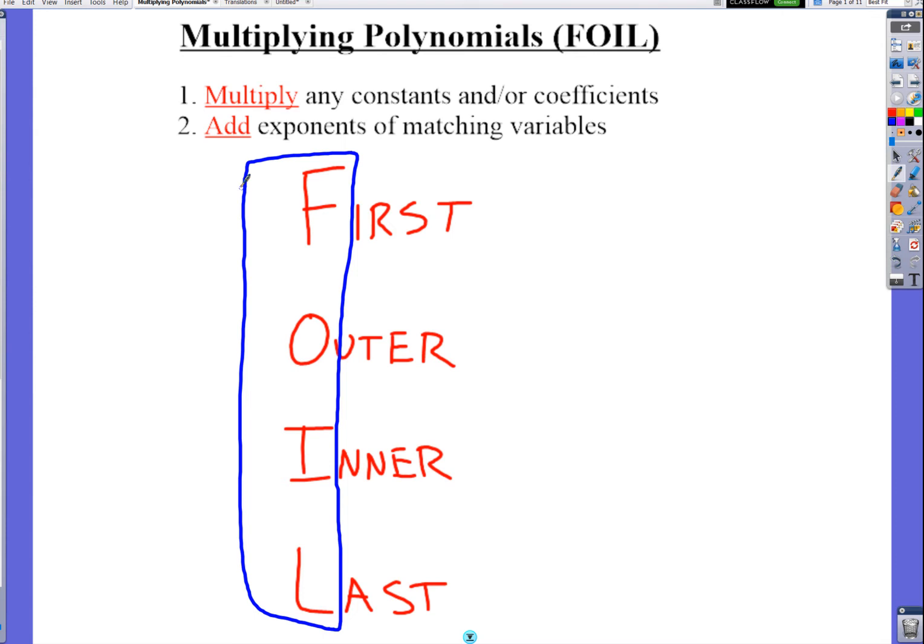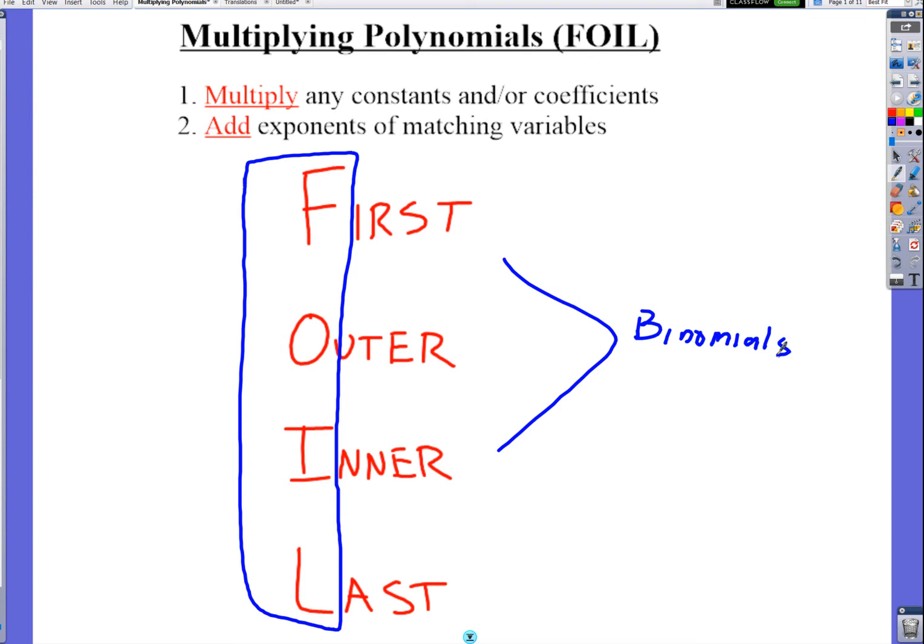We're not talking about aluminum foil, but I don't really use the meaning of it. Some teachers try to emphasize what the F, the O, the I, and the L mean, but this only really works if you're multiplying strictly binomials. So it's kind of limited.